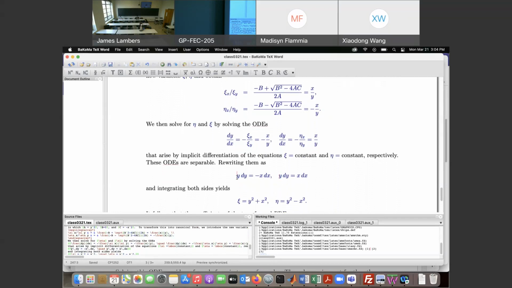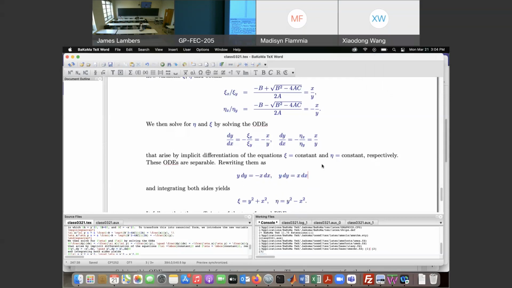Now, when you integrate, for example, this one, you have 1/2 y squared plus 1/2 x squared is equal to a constant, because you're going to have a constant of integration. So for this equation, your constant of integration you'll call xi, because you're starting from xi equals constant. Here, you're going to have a constant of integration as well.